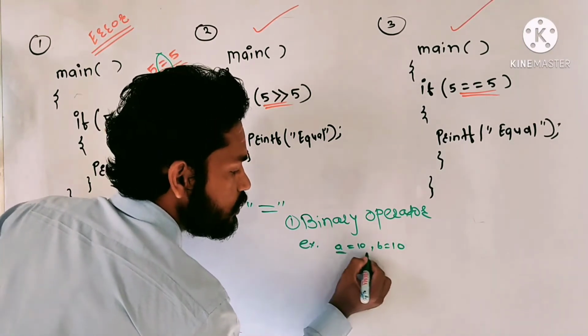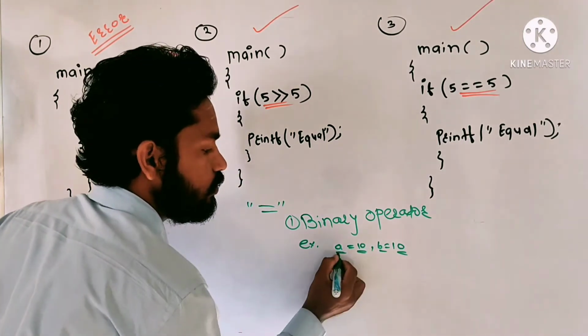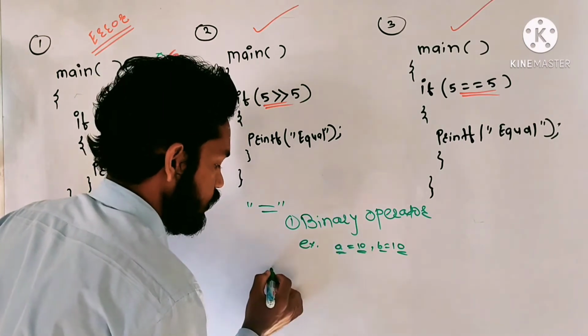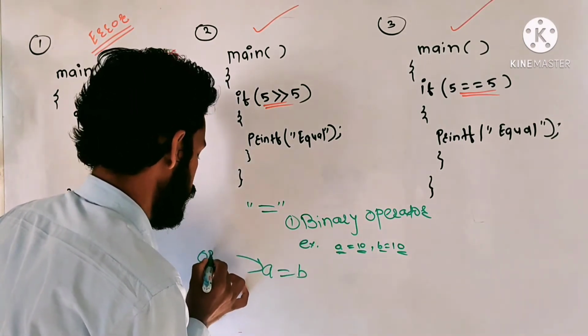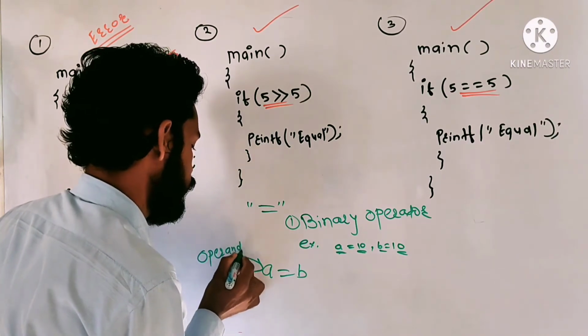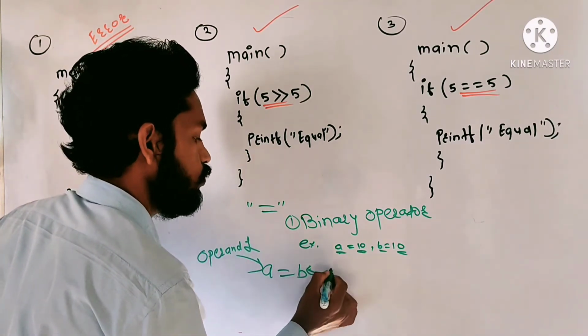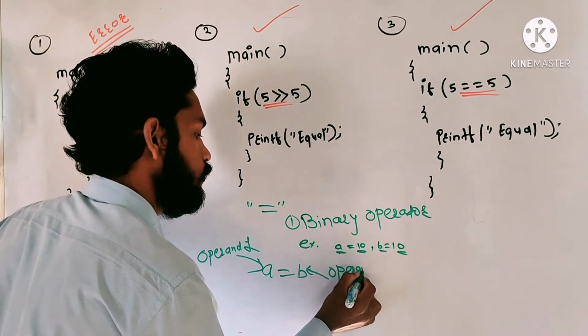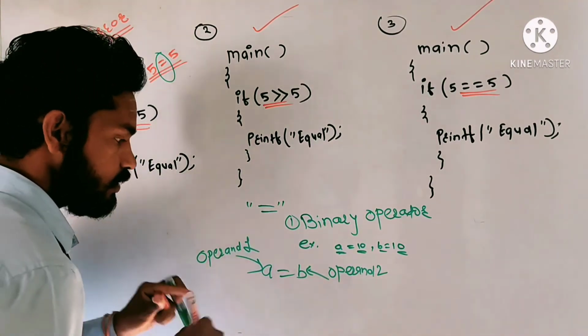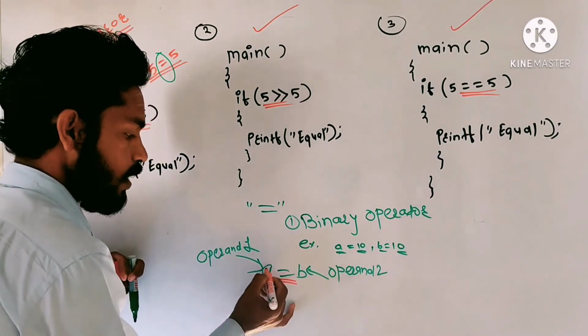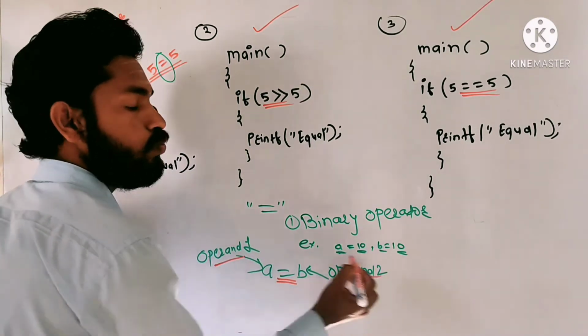Everywhere we are using two operands. We simply write a equal to b. This is operand 1, and this is operand 2.